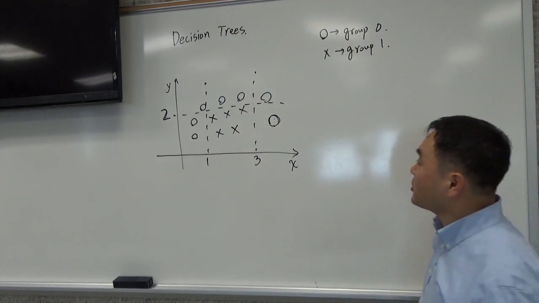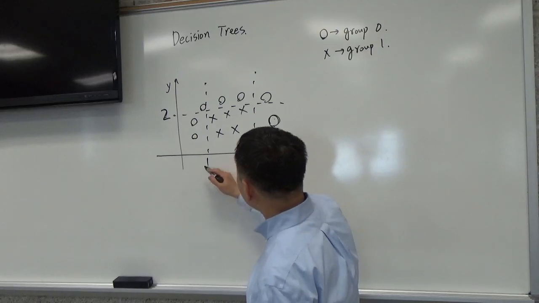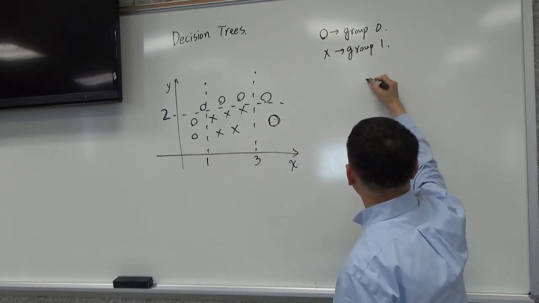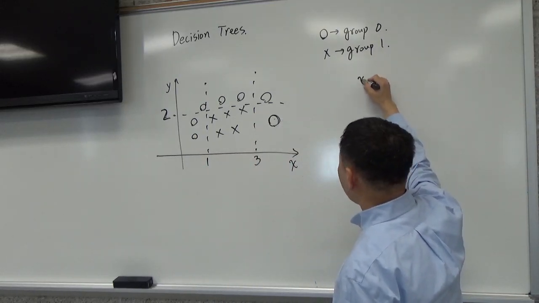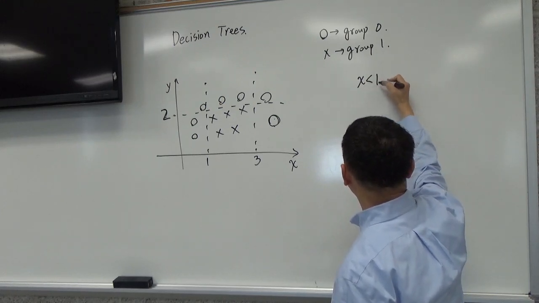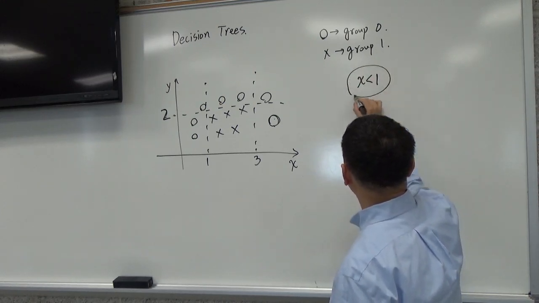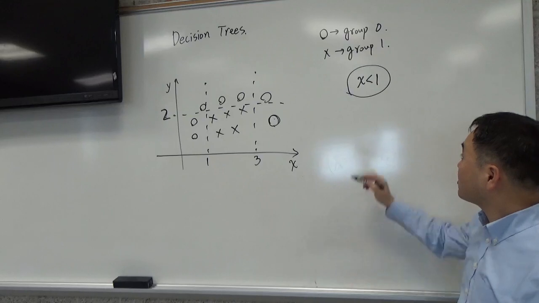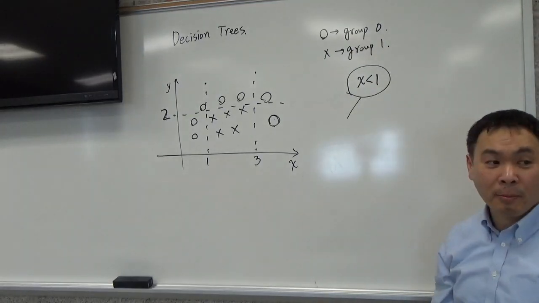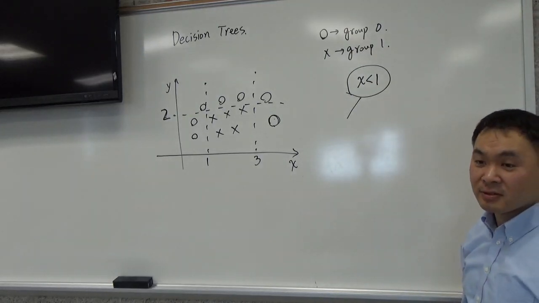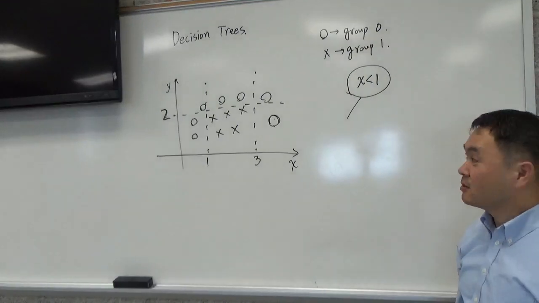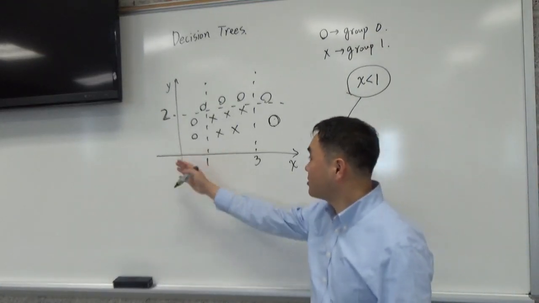So I would first look at the X value and ask the question, is X less than 1? Okay. Now if X is less than 1, what's your conclusion? That it belongs to group 0. 0, yeah.